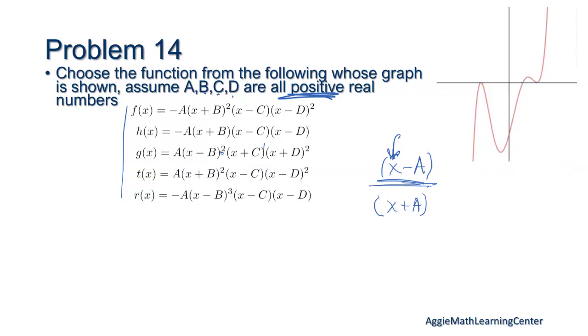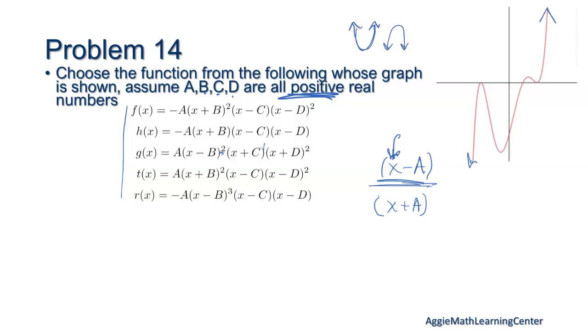Clean up my graph a little bit here. So what do I know so far? I see that the end behavior is going one down and to the left and one up and to the right. That tells me that the total multiplicity, the total degree of my function, is odd, because an x squared or an x to the 4th would look like this, both in the same direction, either both up or both down.